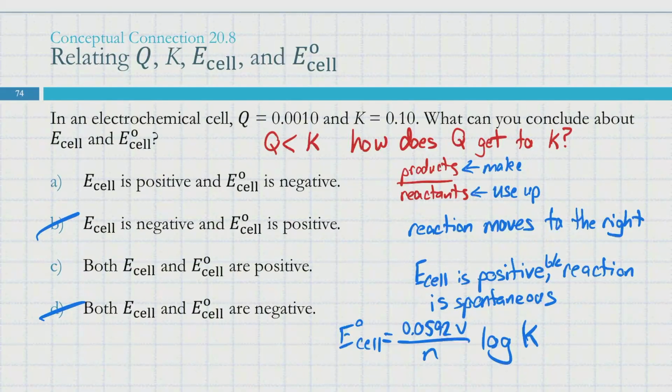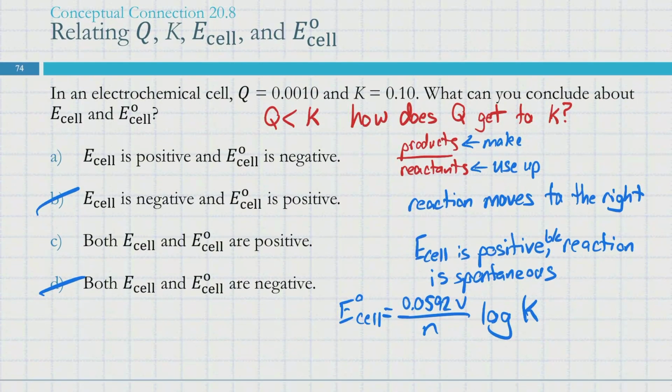K is less than 1. So log K is negative. N can't be negative, so our standard cell potential is also negative.